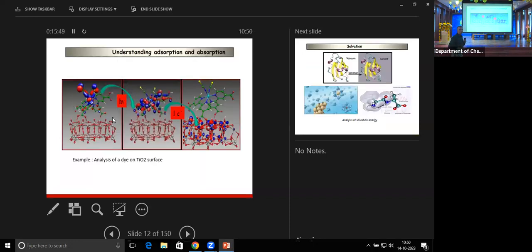For example, we are talking about adsorption. I think we have an expert here. So, analysis of a dye on a TiO2 surface: how it sits on the surface, how the molecular orbitals of the molecule behave after it has been bombarded with a photon, how the electron transfers, and how the molecular orbital density or electron density shifts into the TiO2 crystal or semiconductor surface.